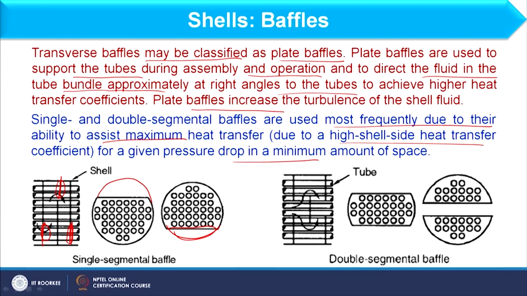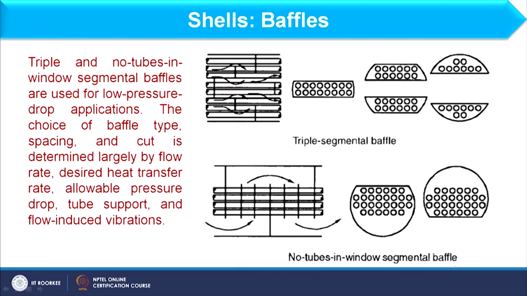And here we have double segmental baffles, where we can have 3 sets of baffle, one at the center and other sections at the top and bottom, but after some distance, a baffle spacing is kept between these. So, these are double segmental and this is the single segmental baffle, okay.